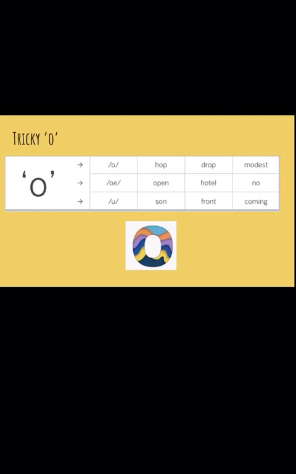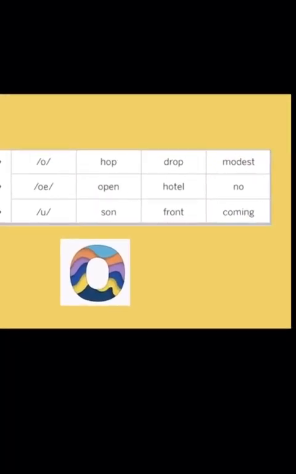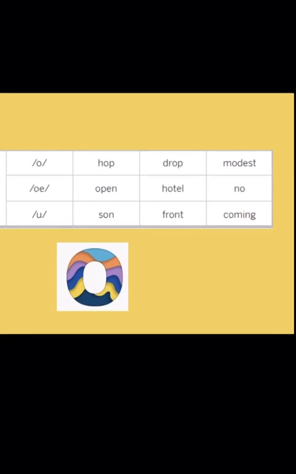Looking at our tricky O slide, we have our O chart. Looking in our first row, we have the O making the A sound. For example, we have the words hop, drop, and modest. In our next row, we have the O making the O sound.